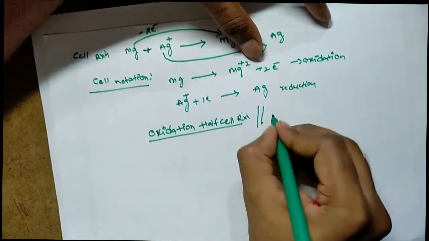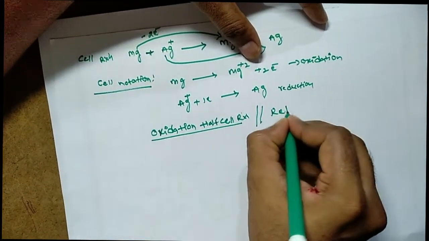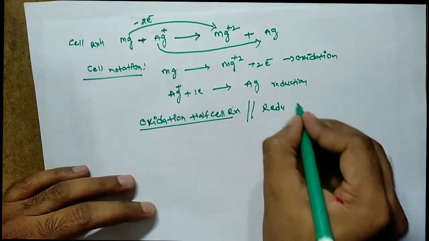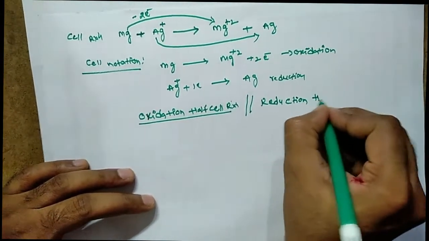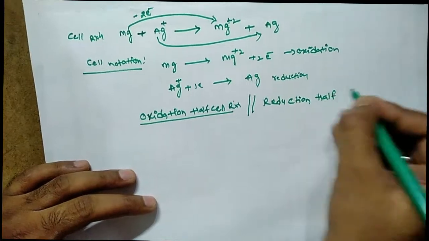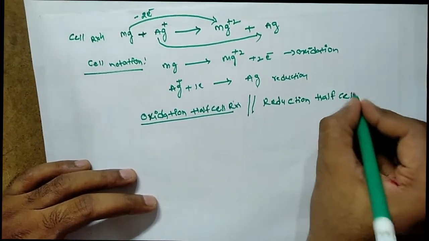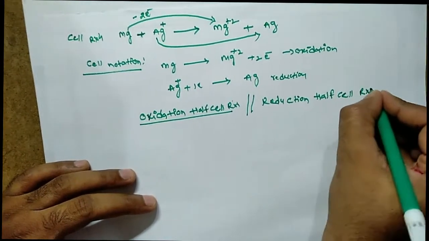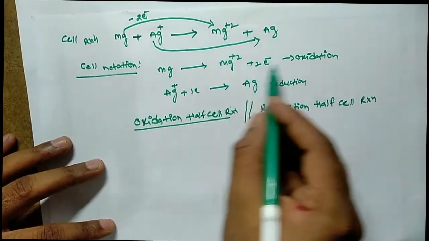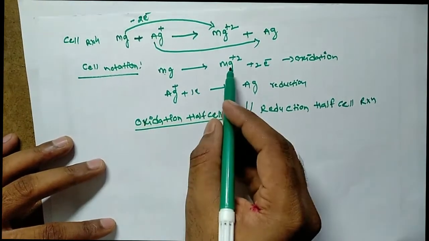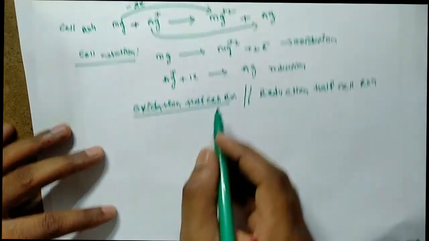The next one, the reduction of the cell reaction. Look at here, this is the oxidation of the cell reaction. Mg is converted to Mg2+, loss of 2 electrons.